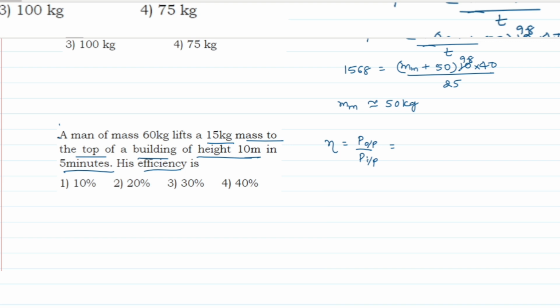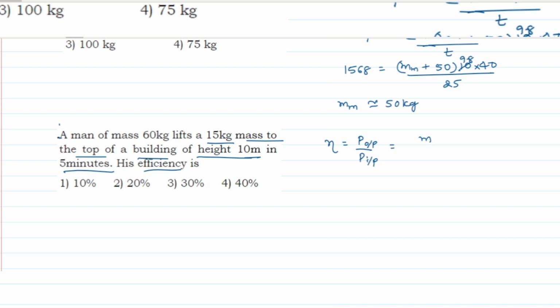Input is what you are giving, and output is how much it is going to deliver. Power is work done by time. A 60 kg man lifts a 15 kg mass to the top.